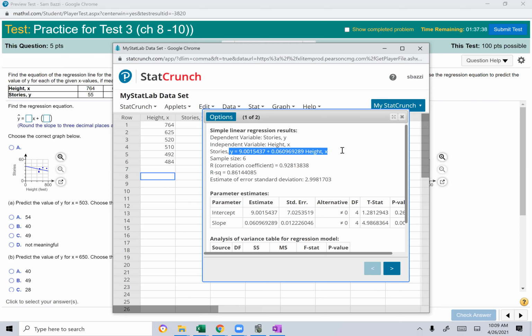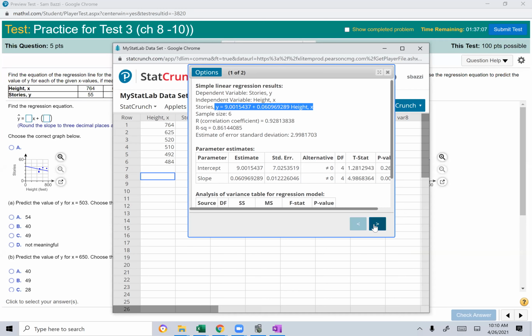I think they're already posted in Moodle, and I want you to check your mistakes. So the X should always follow what your calculator prompt says: if it says A plus BX, make sure you attach the X to B, not to A, because you've seen it before as AX plus B. Just follow the prompt on your screen. And here, your Y is 9 plus 0.06x. You see where the X is attached to.